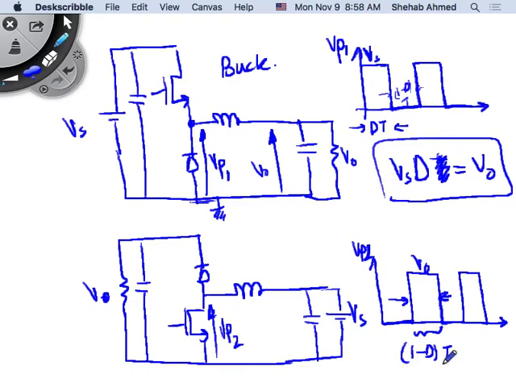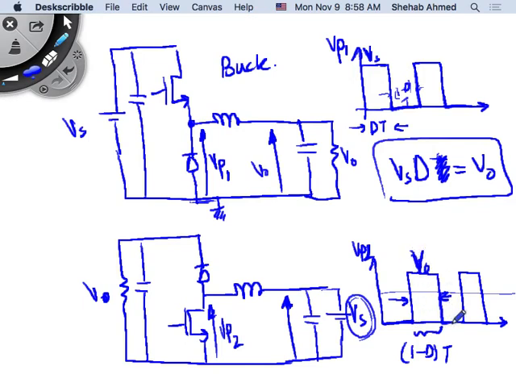How about in this case? Again, this waveform has an average value, and this average value is what's going to appear here. That's going to be equal to Vs, because I only have a DC source here. So the average value of this waveform is what? Again, it's a square waveform.